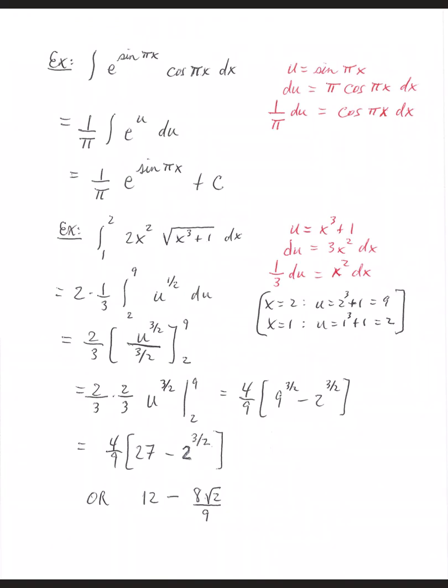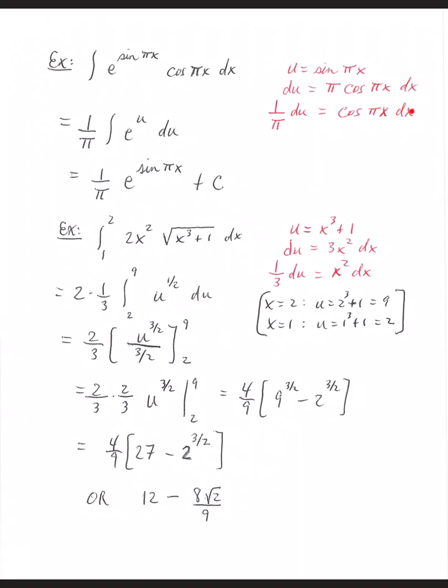So I'm going to let u be equal to sine pi x. The derivative of that is going to be cosine pi x times pi, remember from chain rule. With trig, if your angle has a derivative other than 1, you chain it to the derivative overall. Now our problem, when we sub out, that's e to the u. The rest of the original problem is cosine pi x dx.